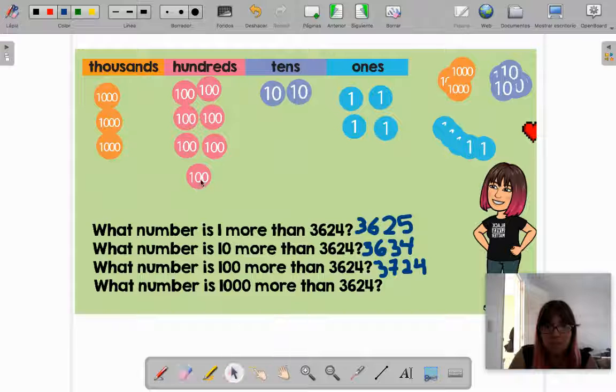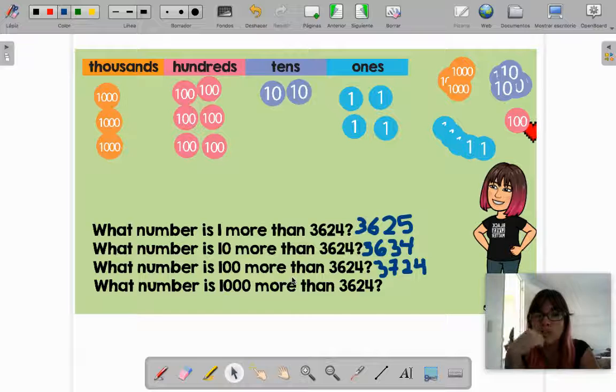So we have to start again with the same number. So let me take out 1 of 100. Now it says what number is 1,000 more? So to which place should I add one more? To the ones, to the tens, to the hundreds, or to the thousands? Excellent. It says 1,000 more.